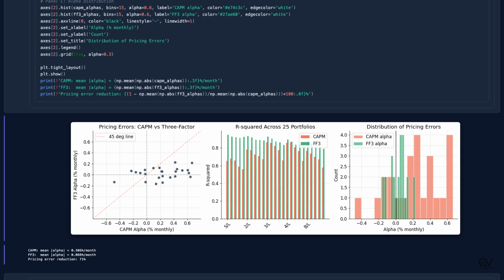The green FF3 bar beats the red CAPM bar for every single portfolio, by 15 percentage points on average and by nearly 37 points for small value, where CAPM struggles most. On the right, the alpha distribution shows the CAPM errors are widely dispersed, while the three-factor errors are tightly concentrated near 0. The printed line gives the headline number, a 71% reduction in mean absolute pricing error.